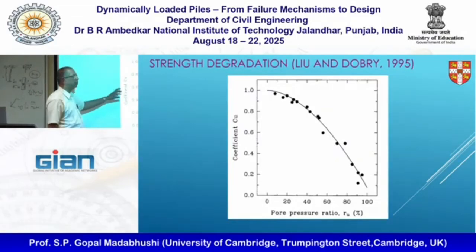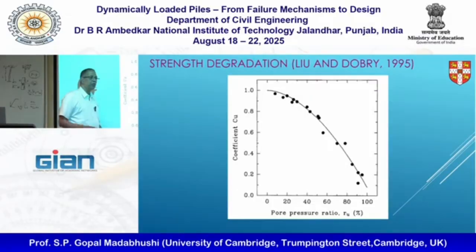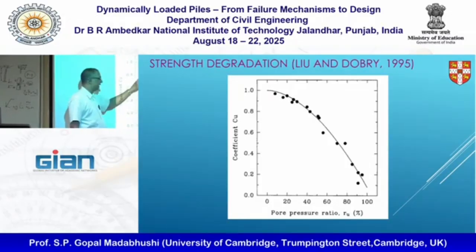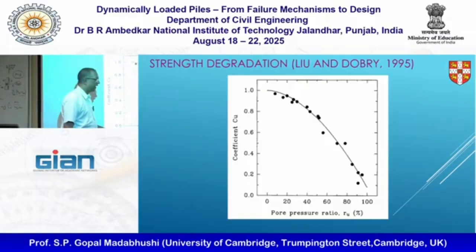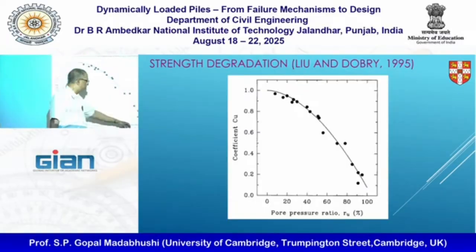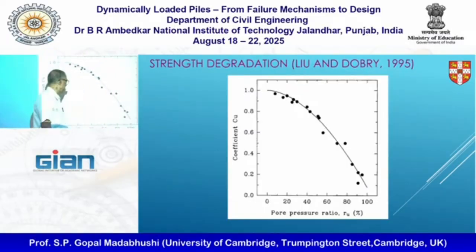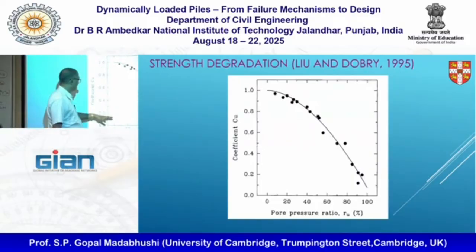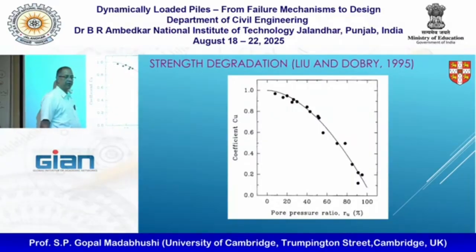Suppose I have a multiplier coefficient for my strength of Cu. When no cyclic loading is applied, it will be say 1. If I cycle and mobilize a lot of pore pressure, then it will drop from 1 to almost 0.1, a factor of 10 drop.